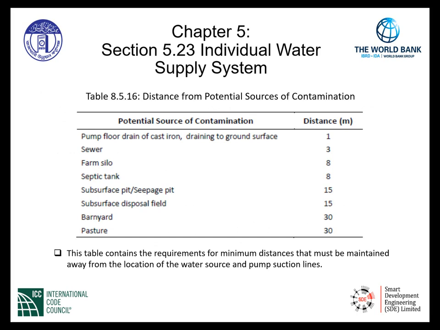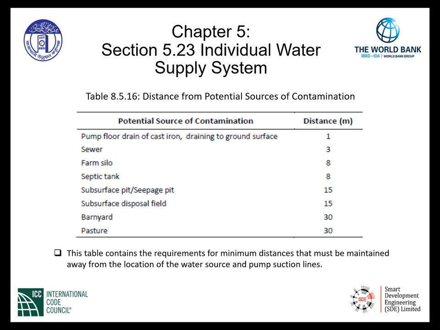The table 8.5.16 gives us minimum distances from potential sources of contamination. As seen here, on the left-hand side is the potential source of contamination, such as pump floor drain of cast iron draining to the ground surface, sewers, farm silos, septic tanks, subsurface pit, seepage pits, subsurface disposal field, barnyards, and pastures.